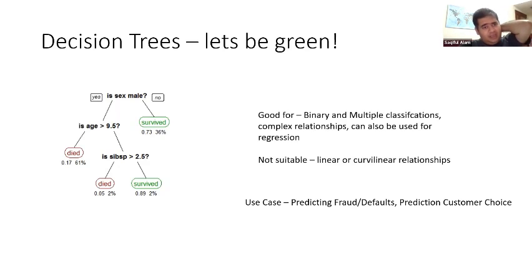It's quite popular. So here, the data is being asked the question: is the person in concern male or female? If the answer to 'sex is male' is no, which means the sex is female, then most of them have survived. 36% of the people have survived from the full data.